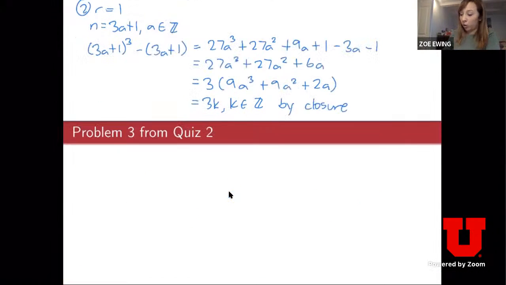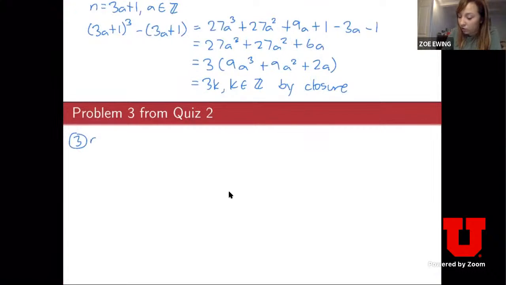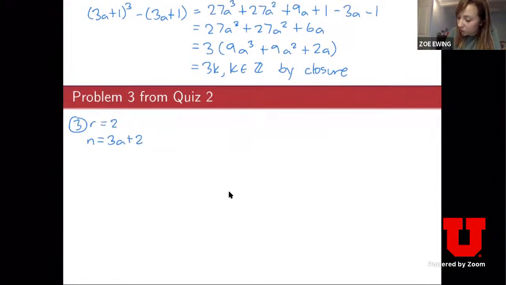All right, there's one more case in here, which is that r is 2. So n equals 3a plus 2. And we can substitute into n cubed minus n.